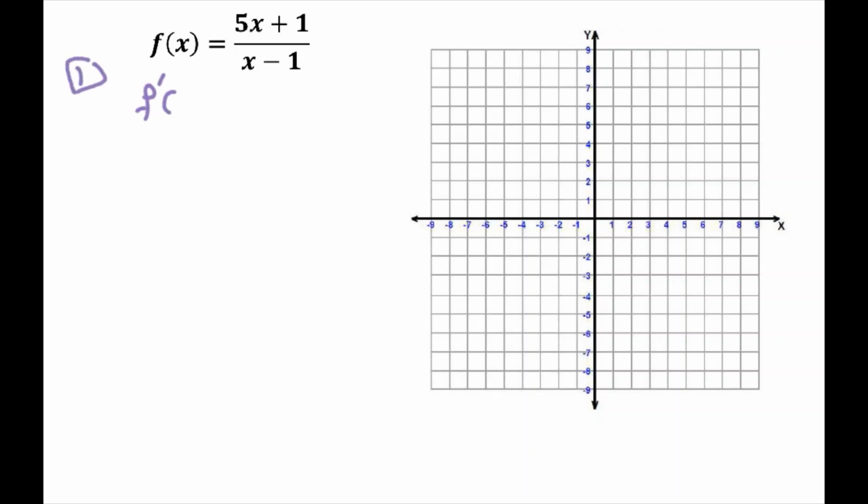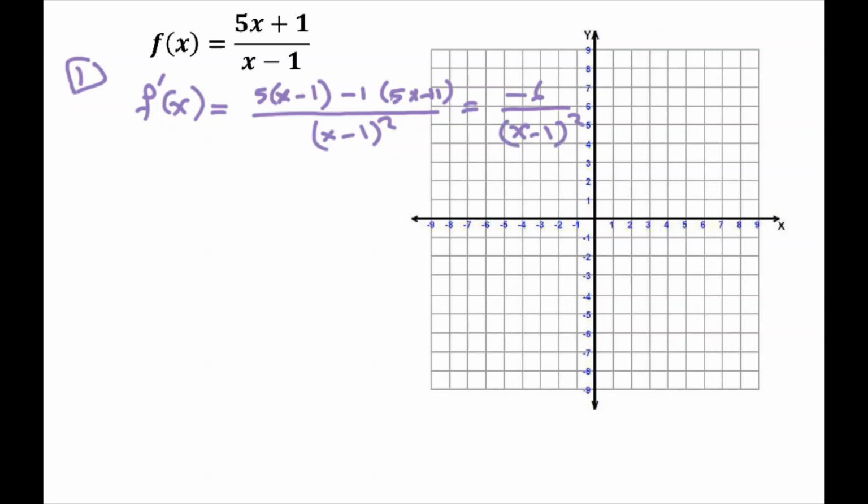Find f prime of x, and you know it's going to be (u'v - uv')/v squared, so it's going to be 5, and when you simplify it, it will be equal to -6/(x - 1)^2.